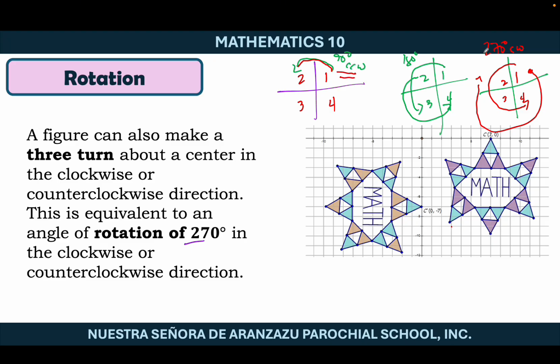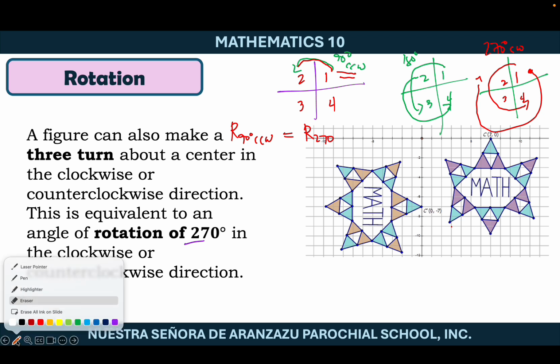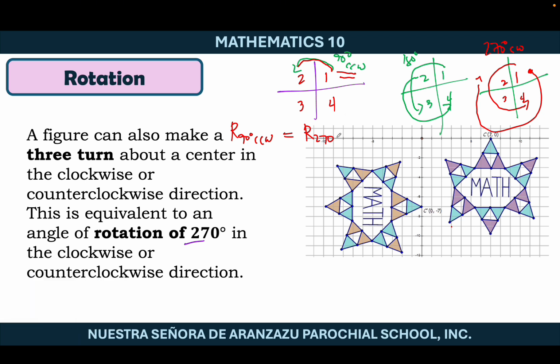Tama ba? So, sa 270 degrees clockwise naman, bumalik siya sa quadrant 2. So, ibig sabihin, yung rule natin kanina sa 90 degrees counterclockwise, they have the same rule for 270 degrees clockwise direction.